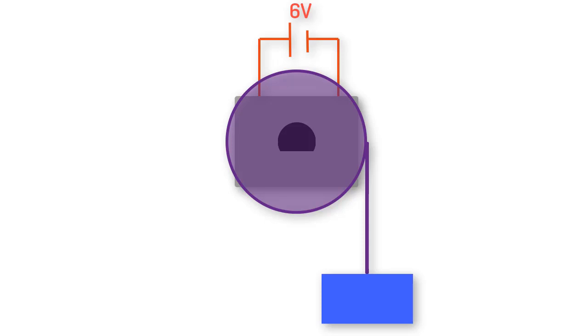Now, I need to give a little aside here to make sure you understand something different about how voltage and current work. Voltage is pushed from a battery or power supply into the motor, but current is pulled by the motor out of the battery or power supply. For example, suppose I have a motor with rated voltage of 6 volts, and I hook up the motor to a battery or power supply that provides 12 volts.